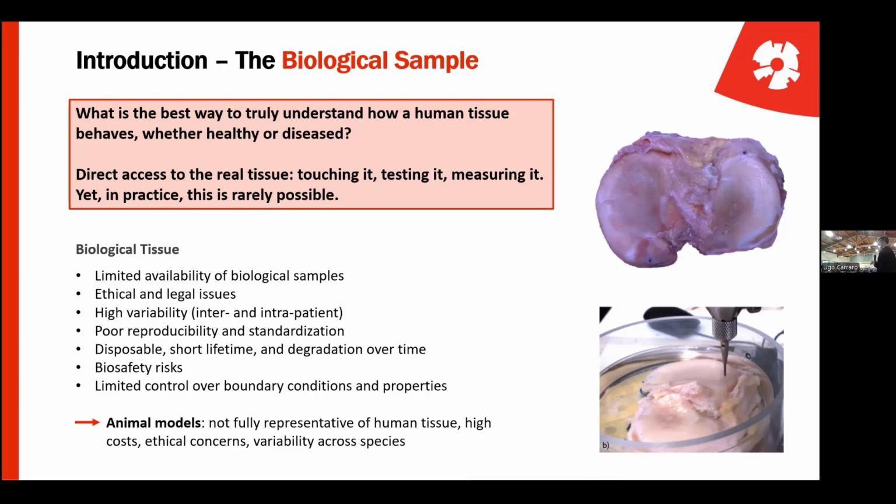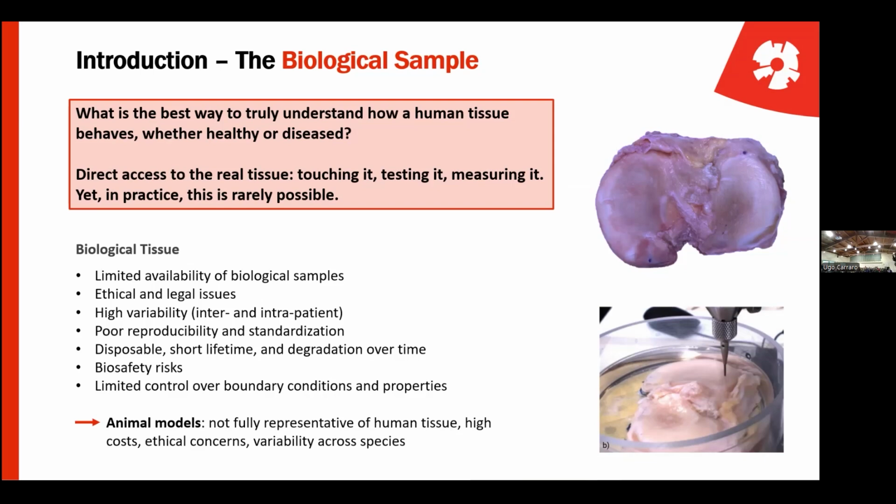But this is not always possible because biological tissues are very hard to obtain, and of course, legal and ethical issues come into play. On top of this, there is also, for example, high variability between patients and within the same patient. There is also, for example, in the mechanical tests, low reproducibility and low standardization.